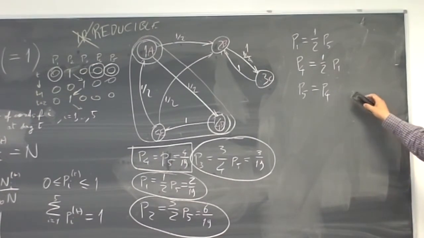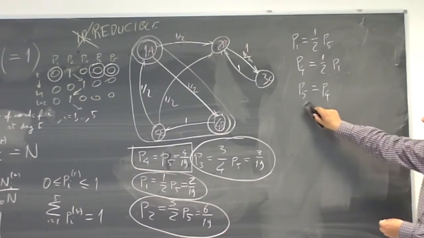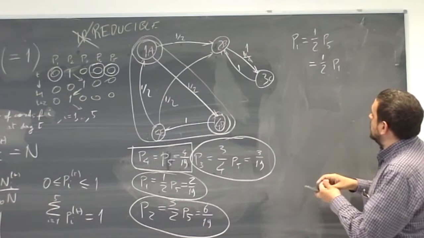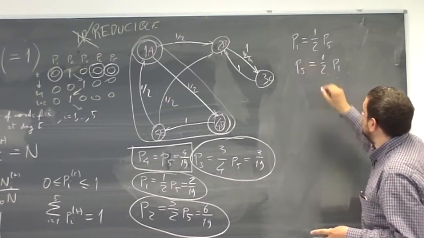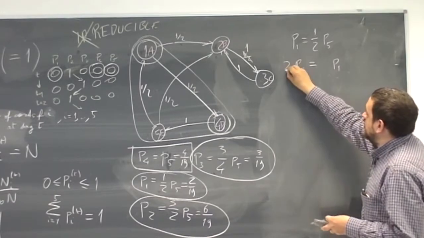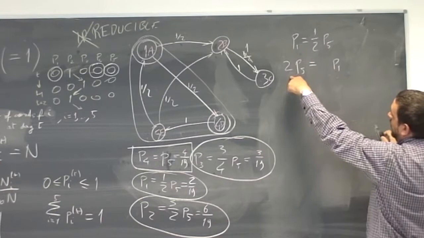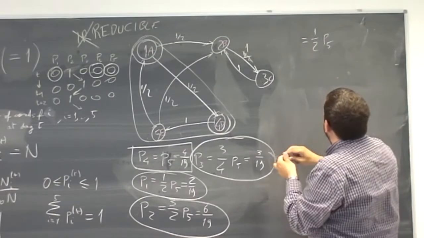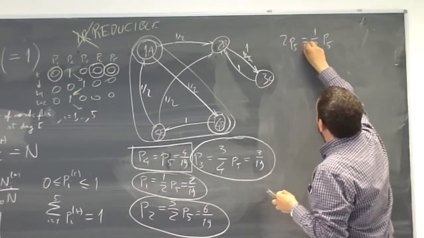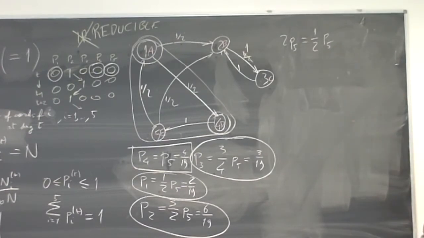Of course, you only need to replace probabilities twice. For example, P4 is equal to P5, so here we can write P5. So P1 is twice P5. So we can replace P1 with 2 times P5 here. And the only solution to this is P5 equal to 0.